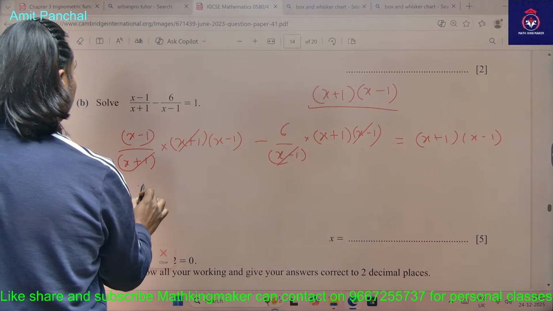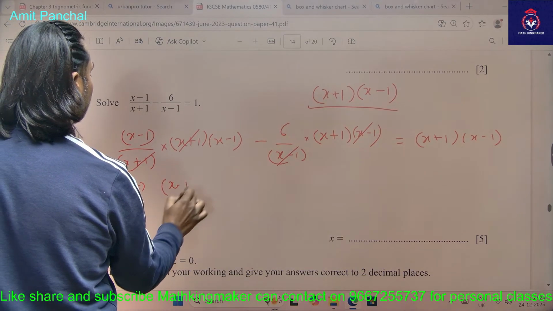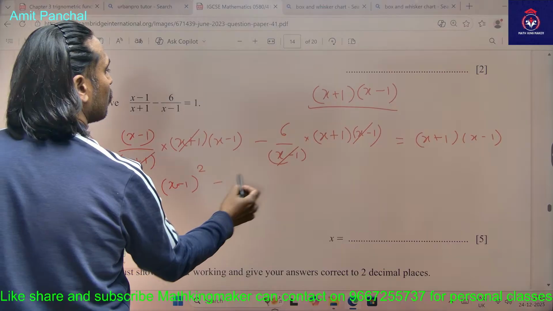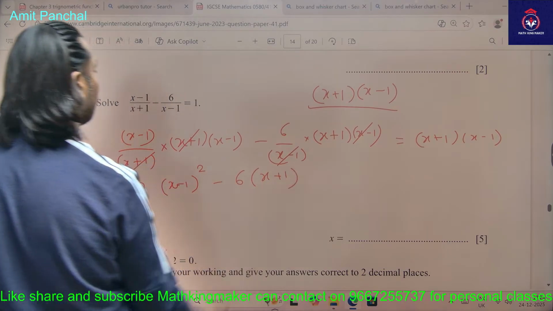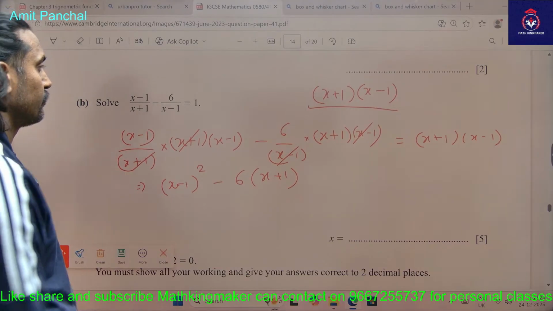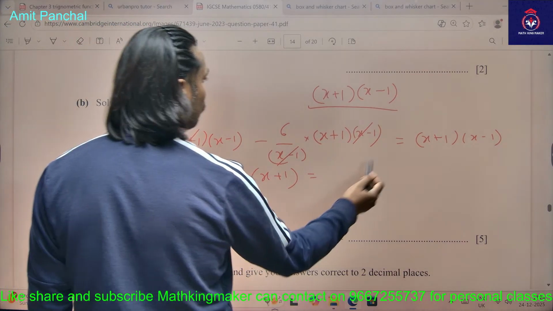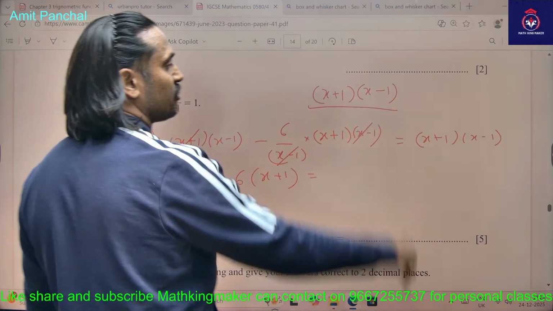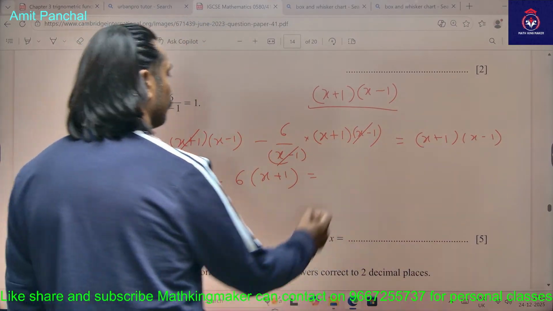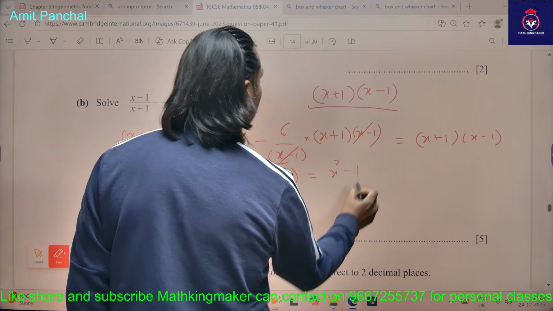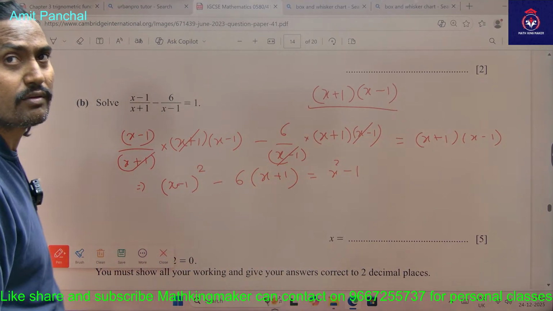So what is left? It is left with (x minus 1) whole square minus 6 into (x plus 1), equal to, that is the formula, (a plus b)(a minus b), this is x squared minus 1.